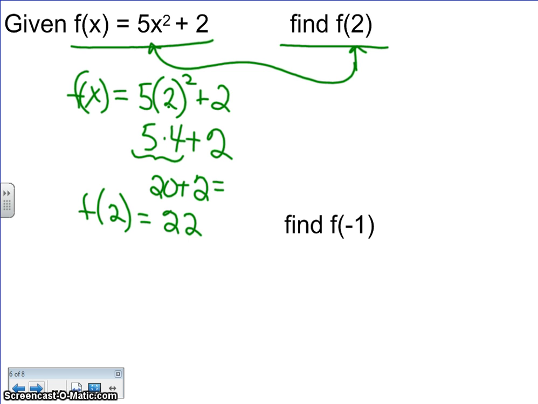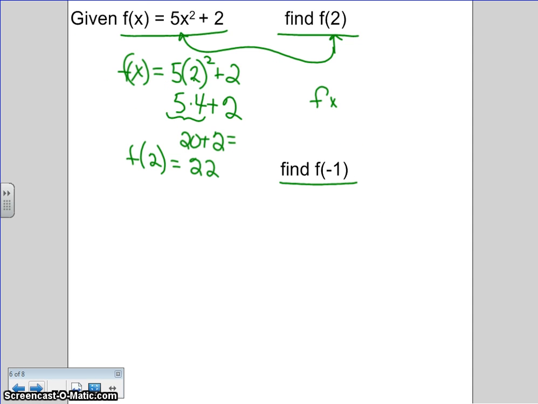We'll do the same thing for f of negative 1. All right, our original function was f of x. Well, we'll call it f of negative 1 is equal to 5 times negative 1 squared plus 2.